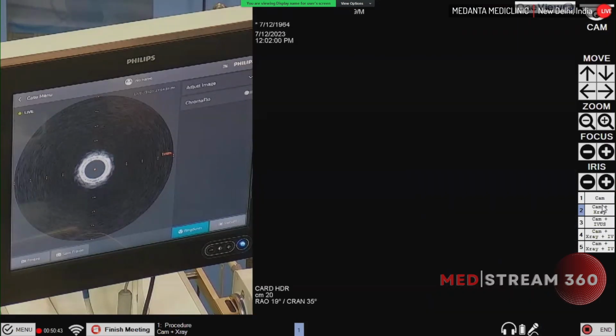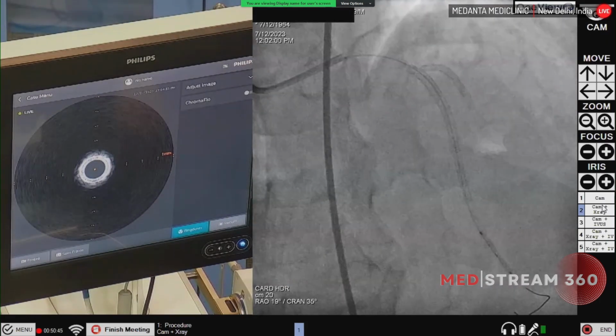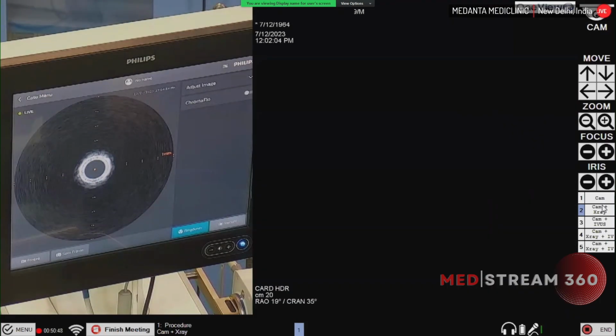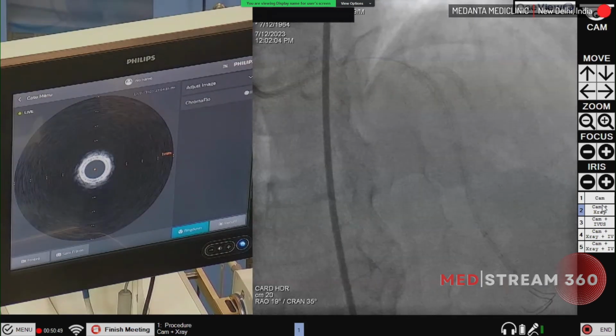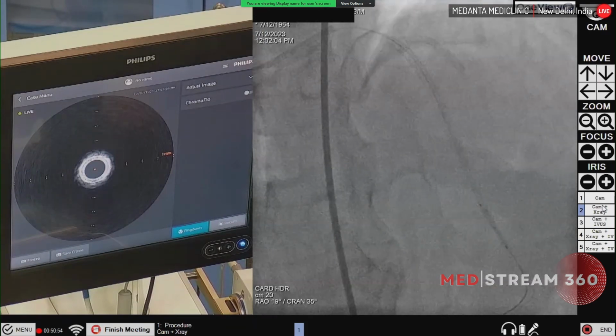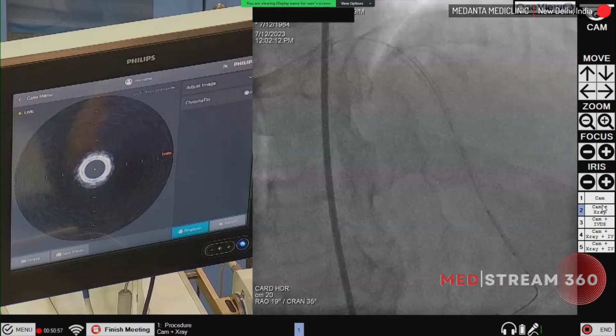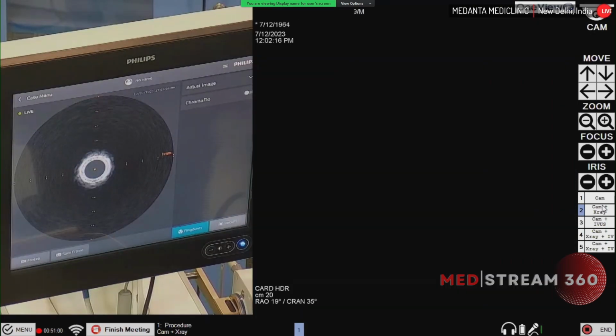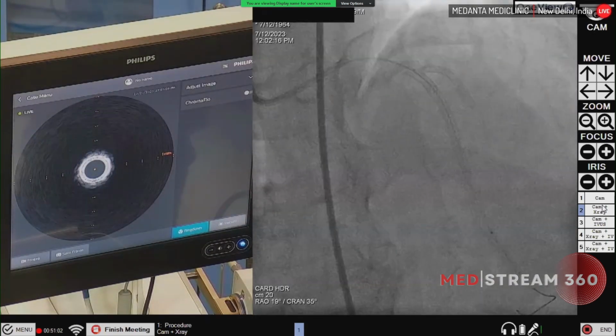That's nice. 12. So this is 12 atmospheres, Wolverine 2 into 15. Go up a little bit more. 13. Okay, that's good. So in small vessels, and especially if we are planning a DEB, better to atherectomize as much as possible. Deflate.